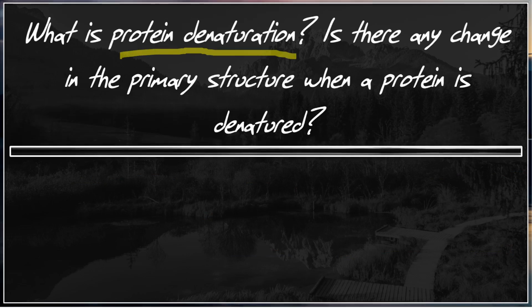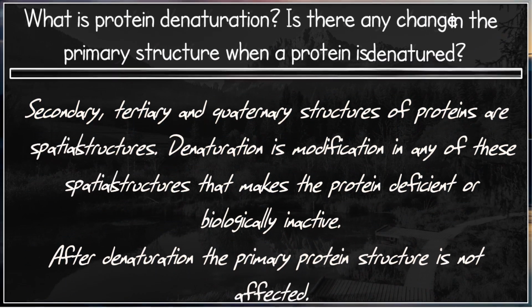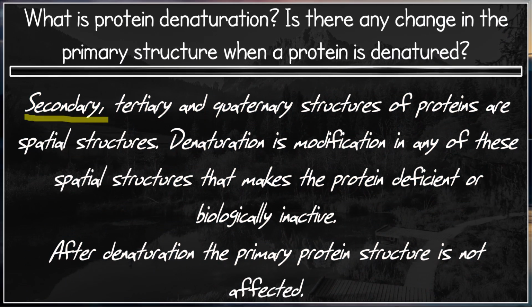What is protein denaturation? Is there any change in the primary structure when a protein is denatured? Secondary, tertiary, and quaternary structure of protein are spatial structures.